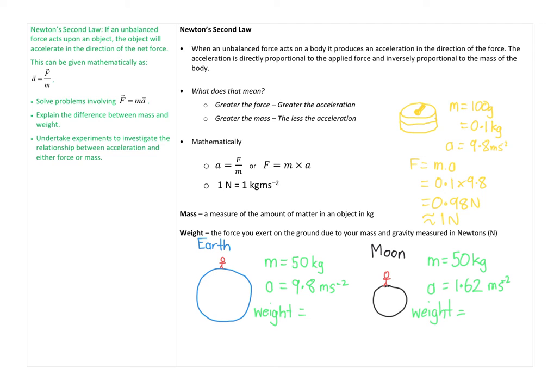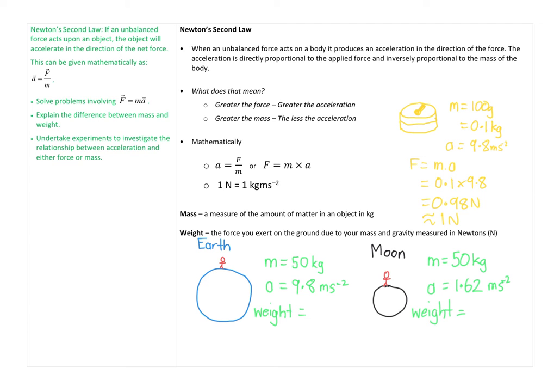So if you just want to have a feel for what 1 newton feels like, it's holding 100 grams in your hand. It's roughly like holding an apple, something like that. No, an apple's probably closer to 200 grams. You'd have to get a fairly small apple to get 100 grams.